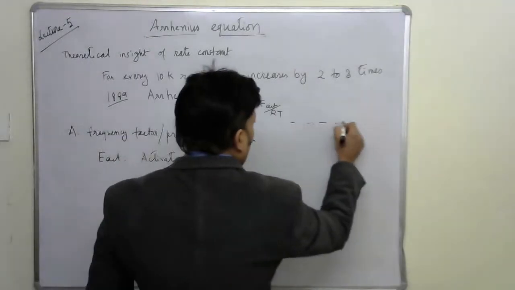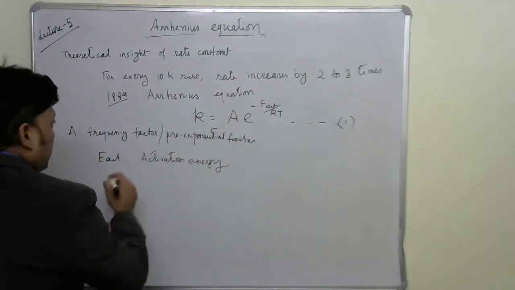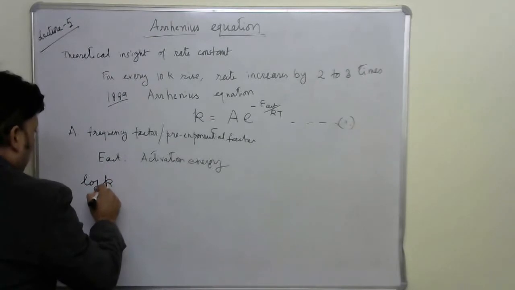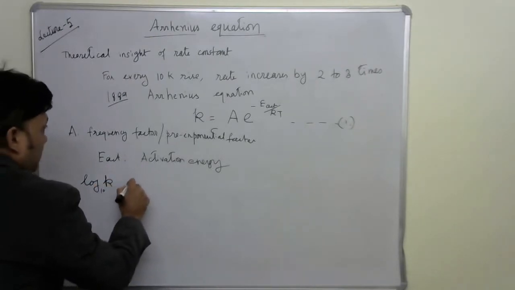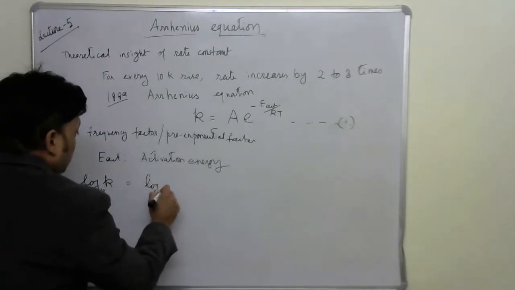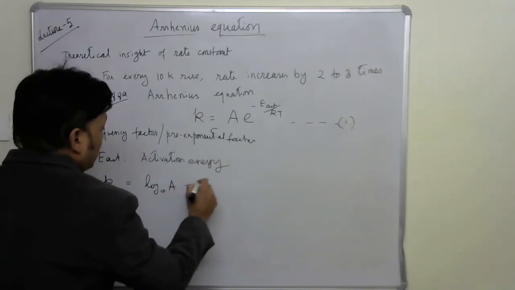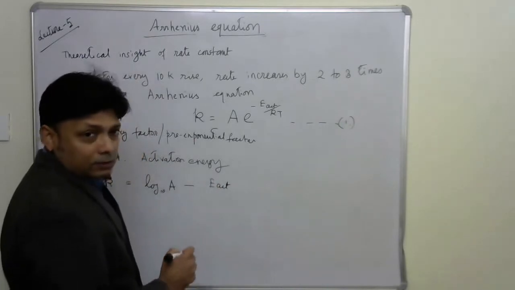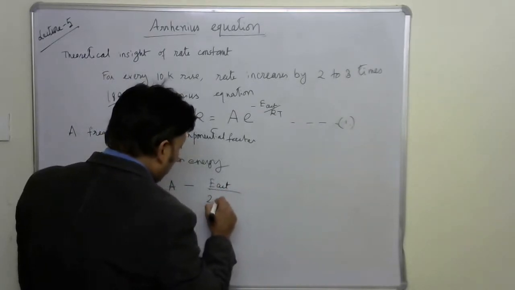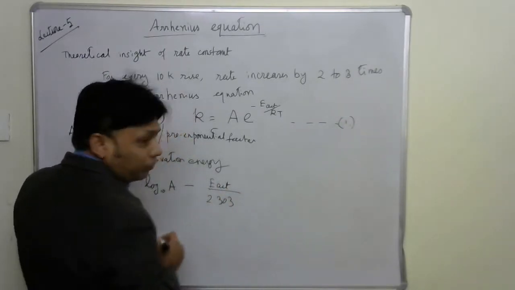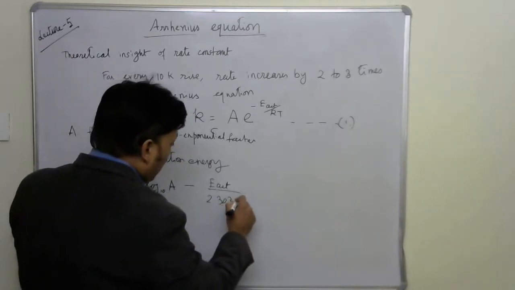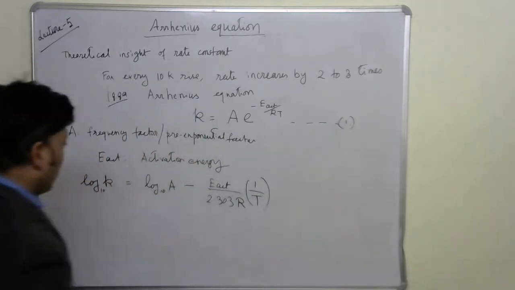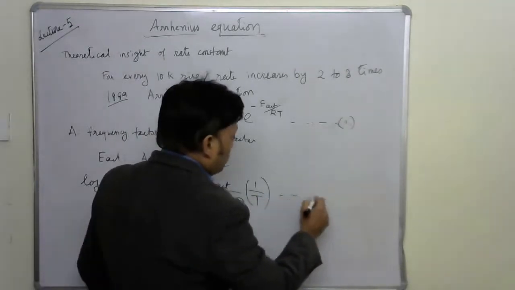If we call this equation 1, the Arrhenius equation, and take a logarithm of it, then log to the base 10 of k is equal to log to the base 10 of A minus E_act divided by 2.303 R, times 1 over T. We can call it equation 2.